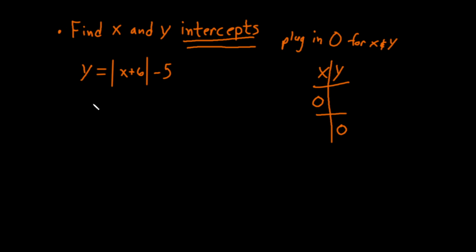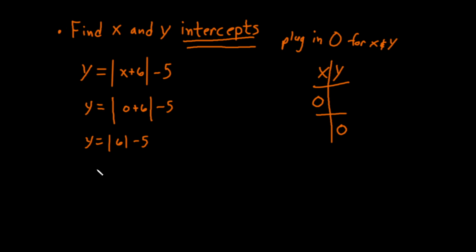So first things first, let's plug in 0 for x like we have here. So all you do is put y is equal to absolute value of 0 plus 6, minus 5. 0 plus 6 is just 6. The absolute value of 6 is always going to be positive.